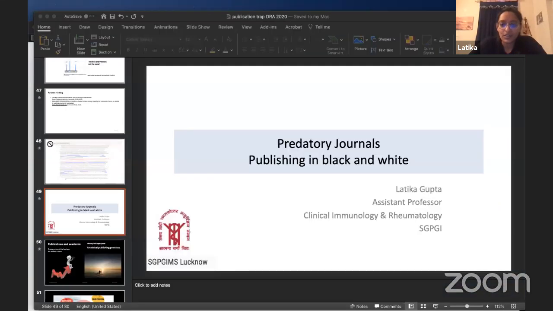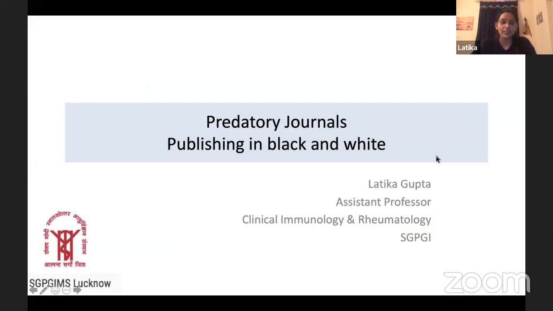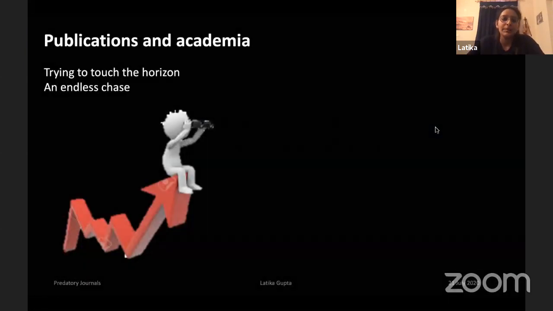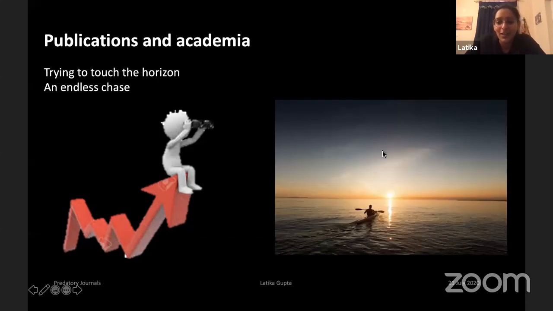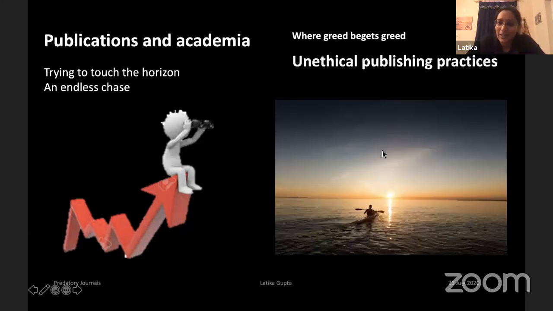Now we'll be talking about predatory journals, publishing in black and white. As we all know, publication in academia can be an endless chase at times, like trying to touch the horizon, which can be a never-ending game.